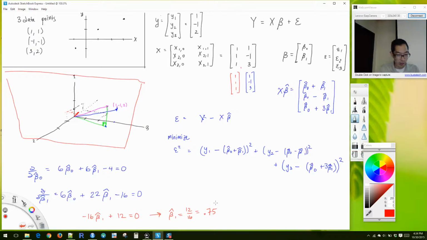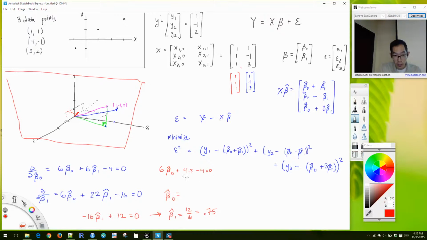And then plugging this back into here, I think I get beta hat 0. Let me just verify and make sure I'm not lying to you. So over here I would have basically 6 beta hat 0 plus 6 times 0.75, which is 4.5, minus 4 equal to 0.